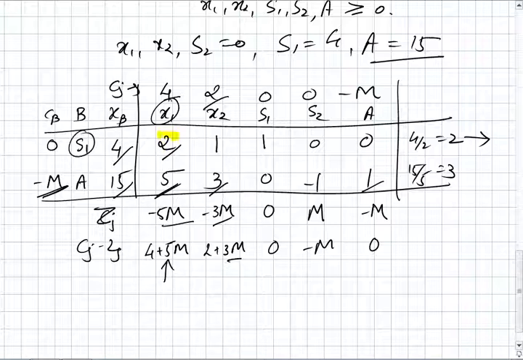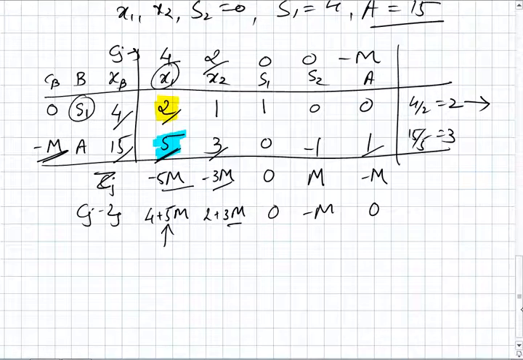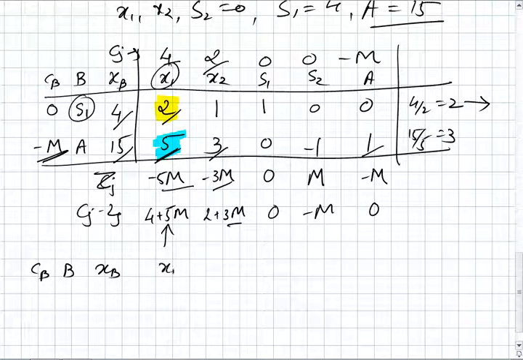So we have to make this entry 1 and this entry 0. Applying the row reduction process, first I write the table: XB, B, CB, x1, x2, s1, s2, a.